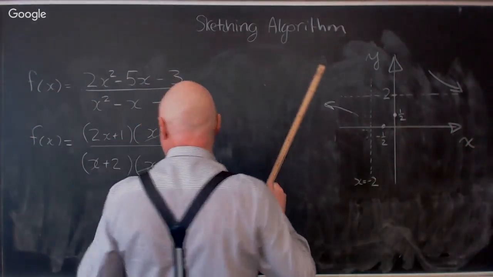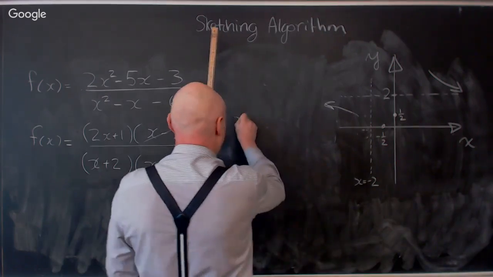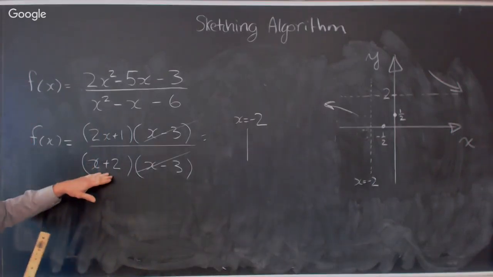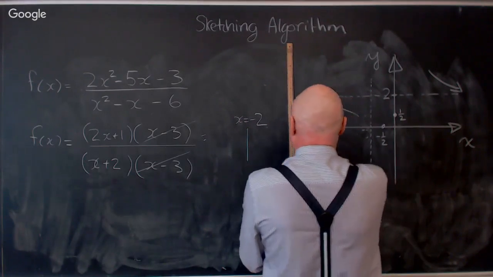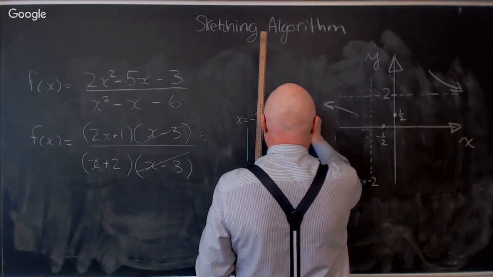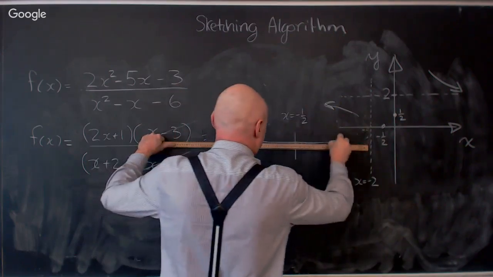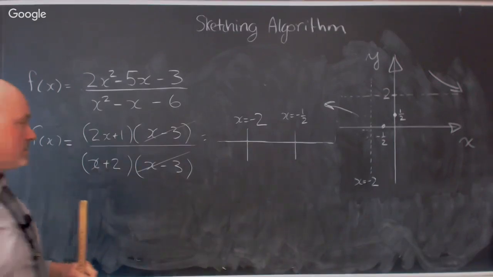Exciting things are going to happen when x is -2, and we already know that. That's where our vertical asymptote is. And then exciting things are going to happen again when x is equal to -1/2.